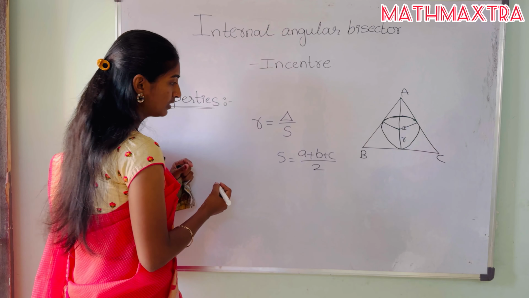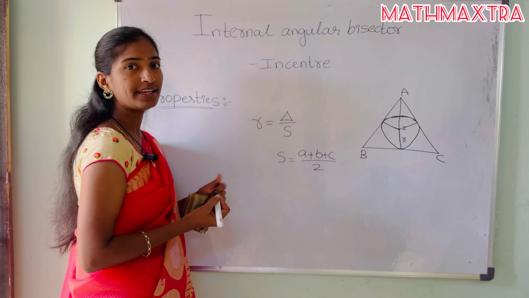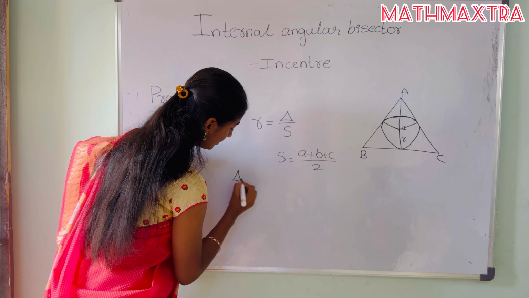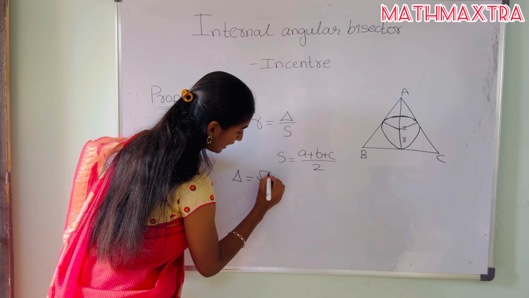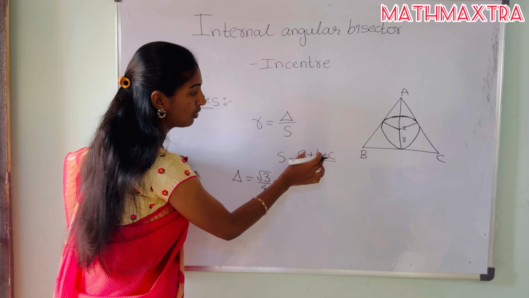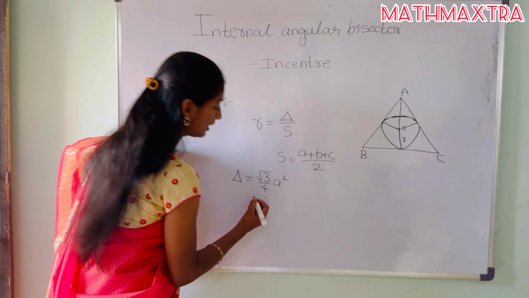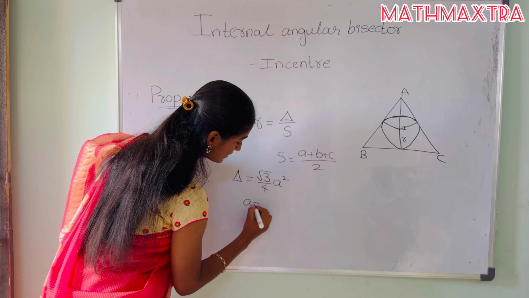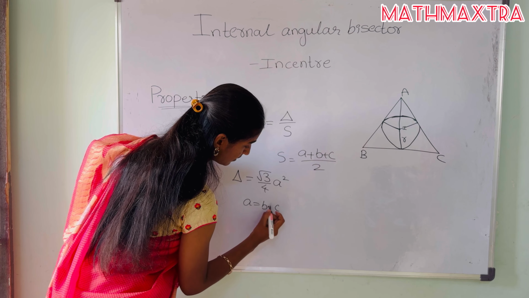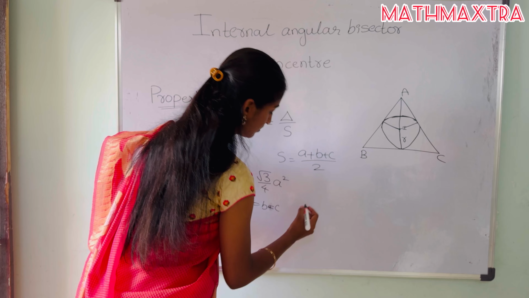And what is the inradius for an equilateral triangle? See, in the case of an equilateral triangle, you know the area of an equilateral triangle is root 3 by 4 a square. And we know all three sides are equal in an equilateral triangle, right? a is equal to b is equal to c.